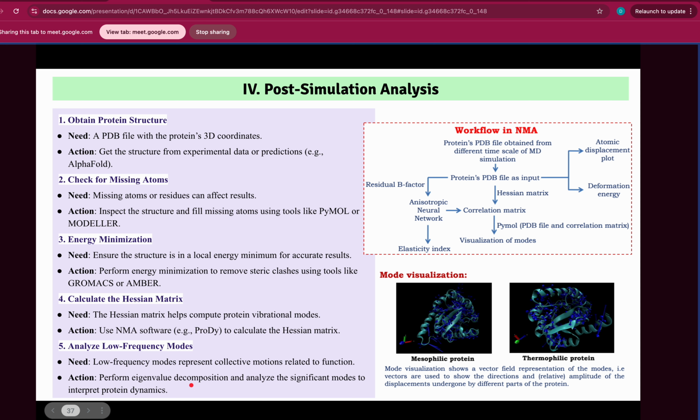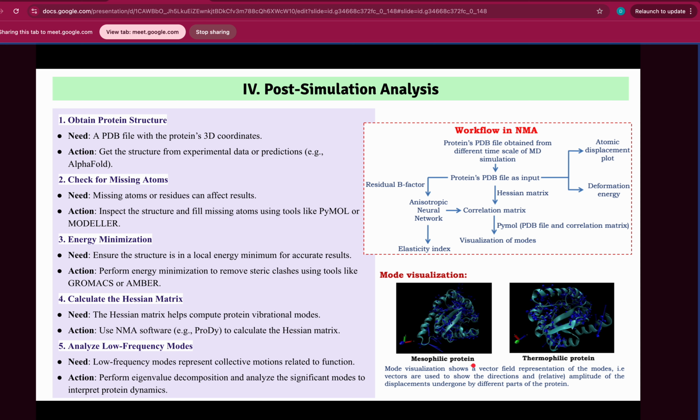We perform the eigenvalue decomposition and analyze the significant modes to interpret the protein dynamics. We have seen that eigenvectors and eigenvalues tell you in which direction major changes are appearing and by what value those changes are. So by performing that decomposition we can identify which of my modes, or in which direction, more changes are seen. This is the flow chart of the NMA workflow.